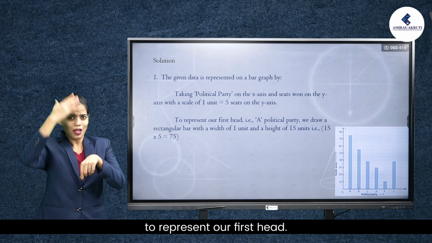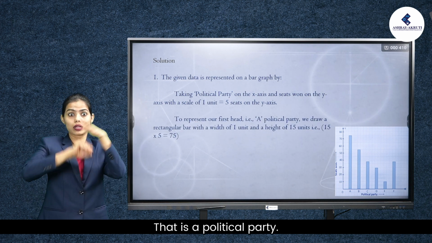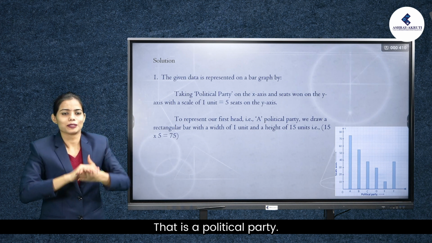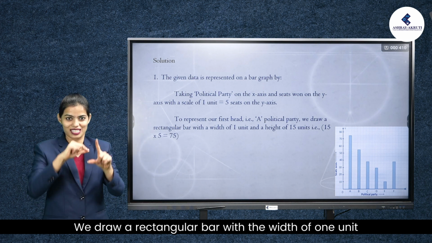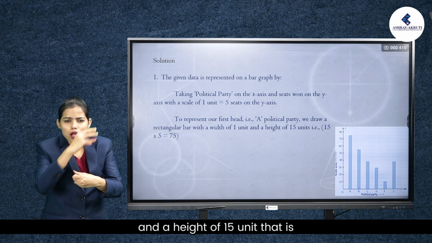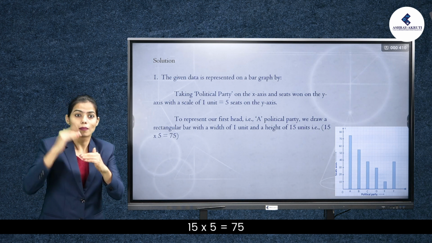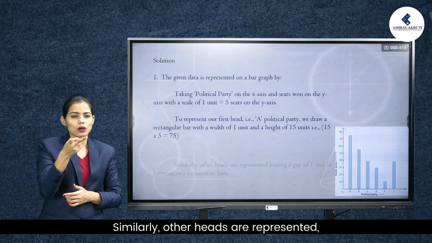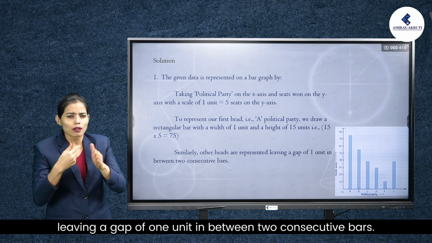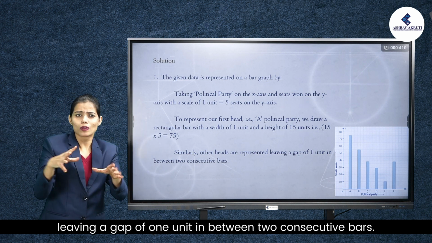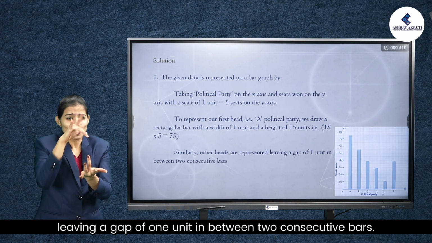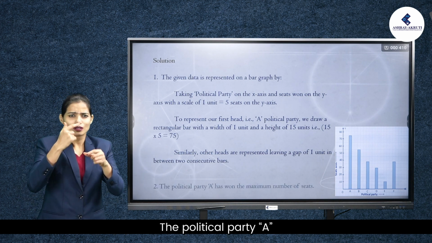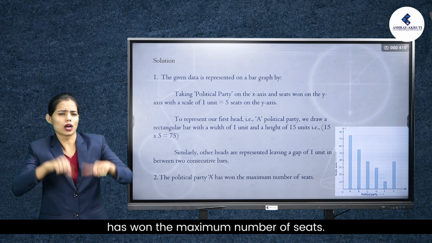To represent our first head, that is A, political party, we draw a rectangular bar with a width of 1 unit and a height of 15 units, that is 15 into 5 is equal to 75. Similarly, other heads are represented, leaving a gap of 1 unit between two consecutive bars. The political party A has won the maximum number of seats.